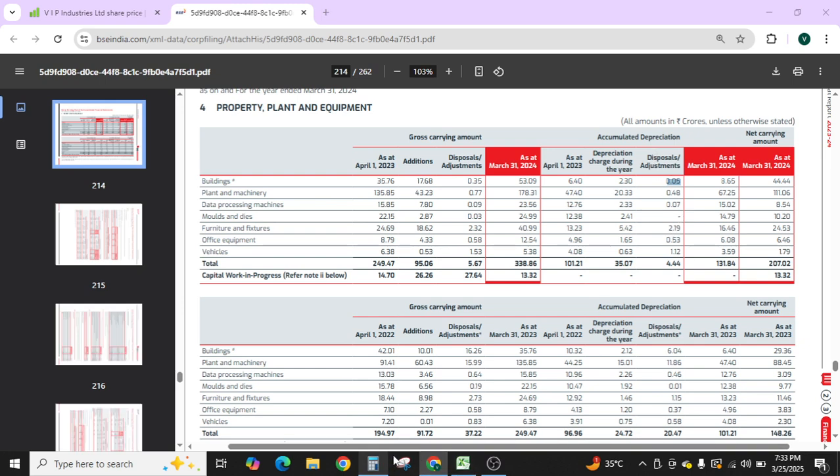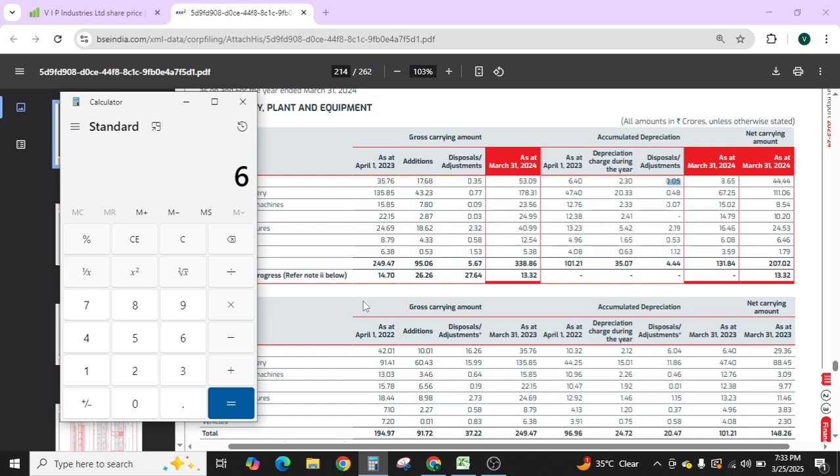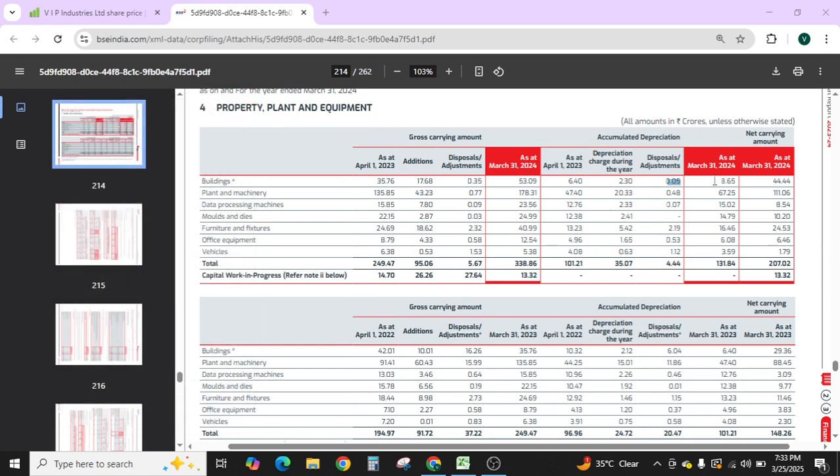Now if we calculate, 6.40 plus 2.30, where 6.40 is accumulated depreciation, meaning how much has been charged till today, plus how much depreciation was charged on the building this year, which is 2.30, and then we subtract 0.05, which gives 8.65.